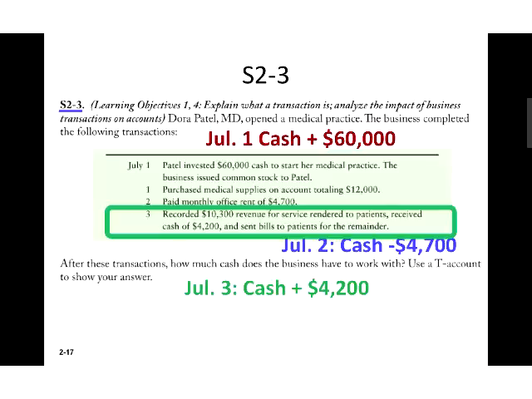Now, we can go back to answering the question, after these transactions, how much cash does the business have to work with? What we've done is pull out the impact on cash. We had a $60,000 increase, a $4,700 decrease, and then a $4,200 increase. We didn't have any beginning balance because it said she just started her medical practice.